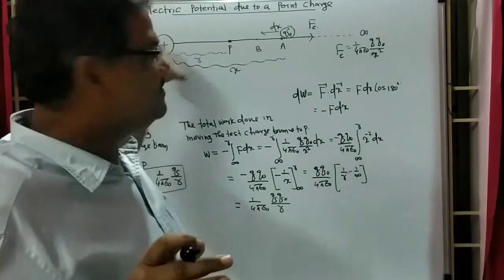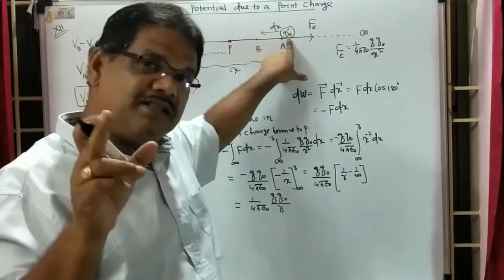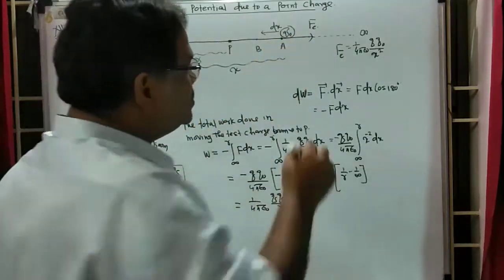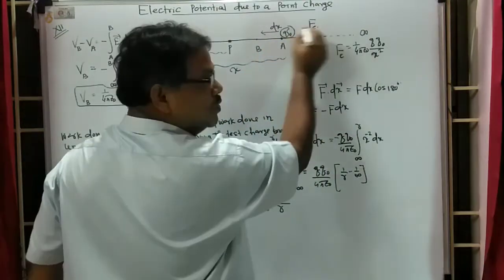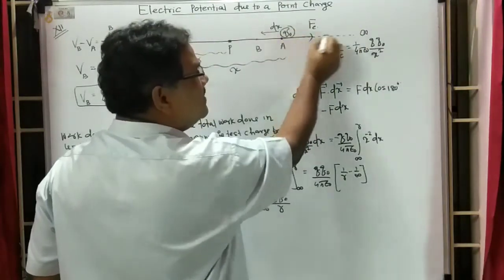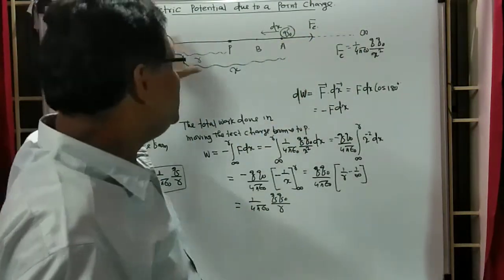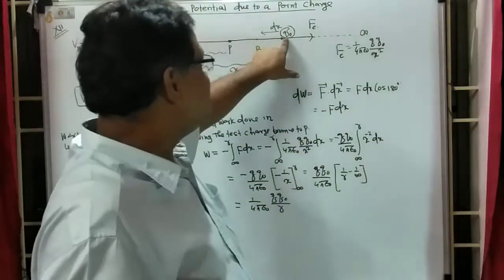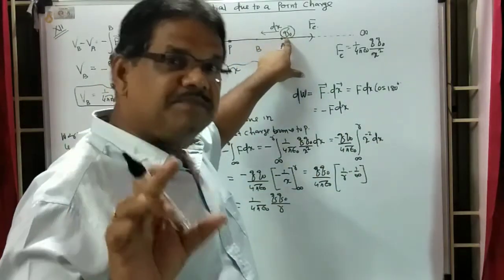Because Q is positive and the test charge Q naught is also taken as positive, both will repel. The Coulomb's force Fe will be directed outward. There will be a repulsive force between the two.